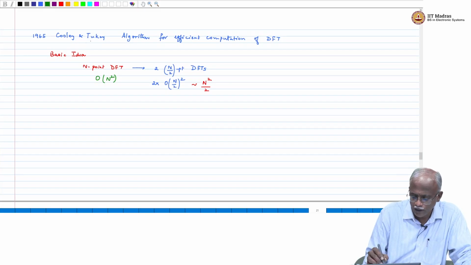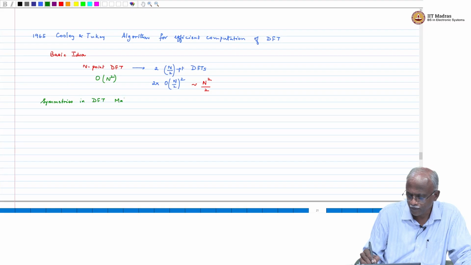Here are some of the observations made by Cooley and Tukey: they looked at the symmetries in the DFT matrix D subscript n.